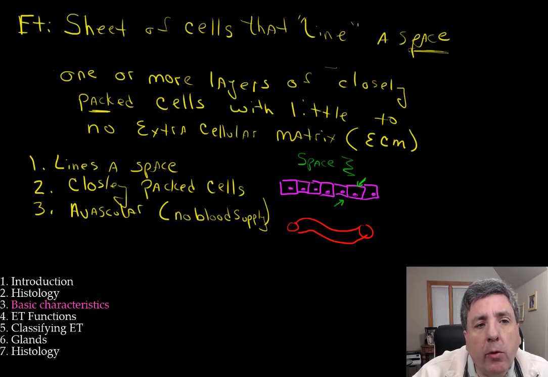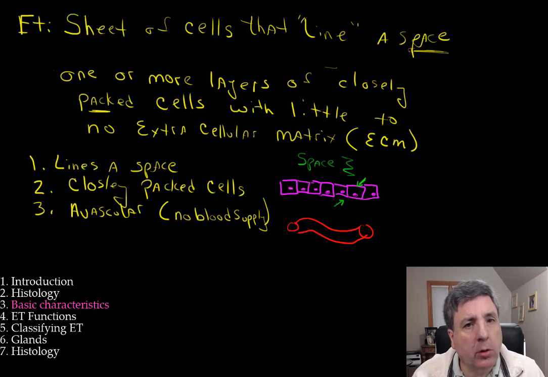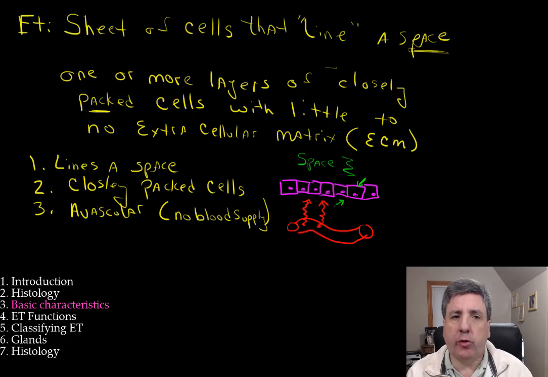How those nutrients, oxygen, and waste products work their way to and from the cells is by what's called diffusion, which is a movement of substances from high concentration to low concentration. So nutrients or oxygen from here diffuse across, come this way, and get to that cell.